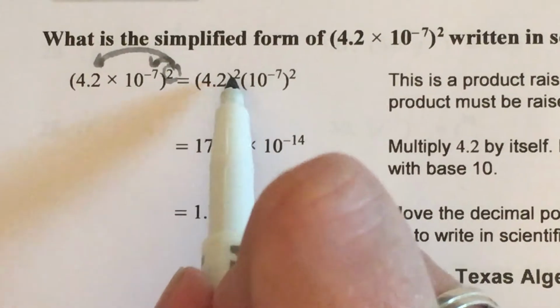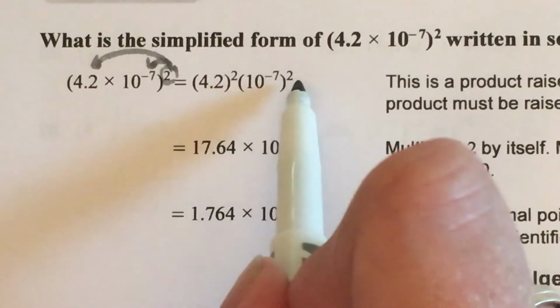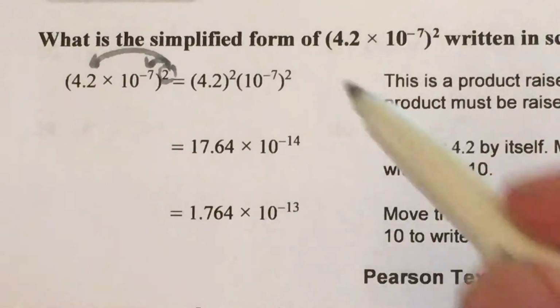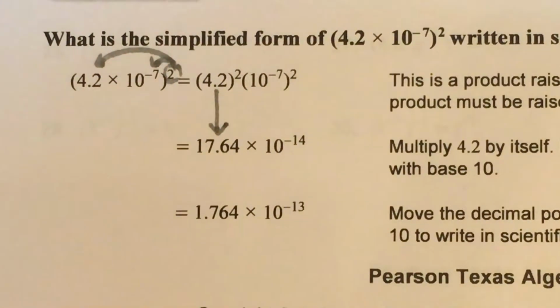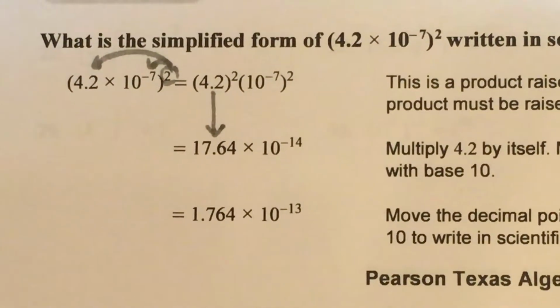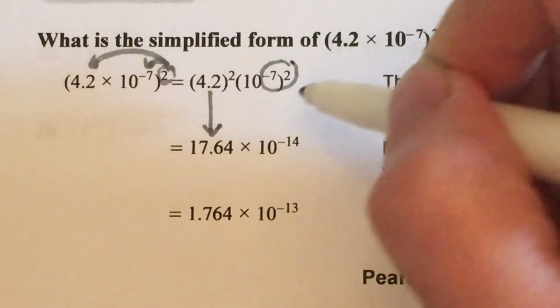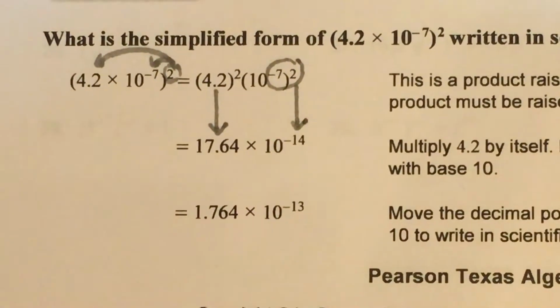So the 4.2 is squared, and the 10 to the negative 7th is squared. If you use your calculator, 4.2 squared becomes 17.64. And then negative 7 times positive 2 makes negative 14.